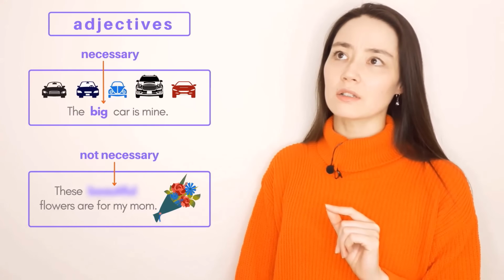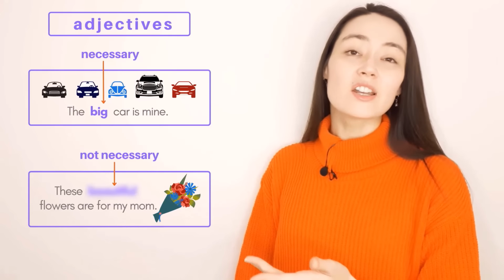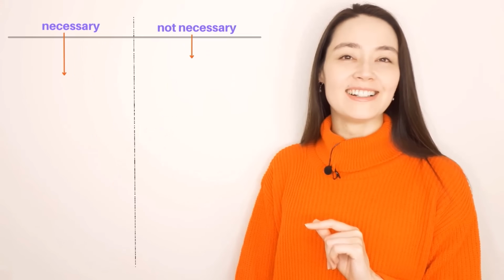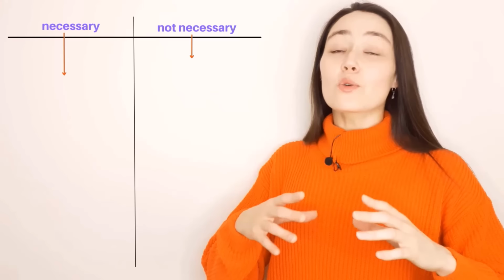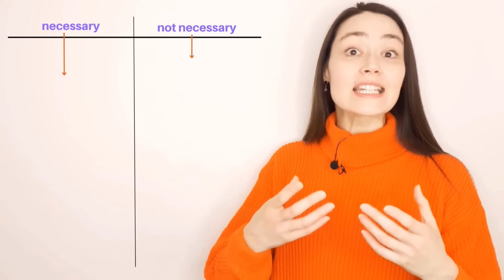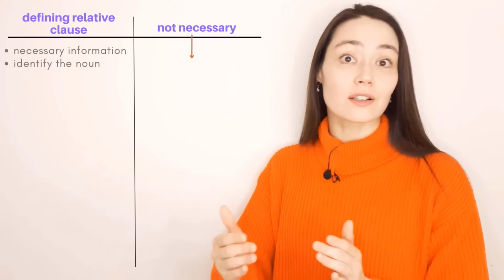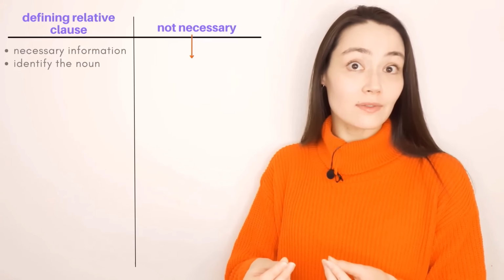Necessary information, optional, not necessary information. In English, relative clauses that provide necessary information are called defining relative clauses. They help to identify the noun.